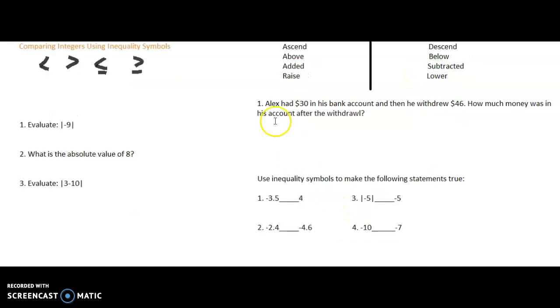So our example for that is Alex had $30 in his bank account, and then he withdrew $46. How much money was in his account after the withdrawal? So first thing, we're going to pull out our important information. So we're going to kind of highlight here.